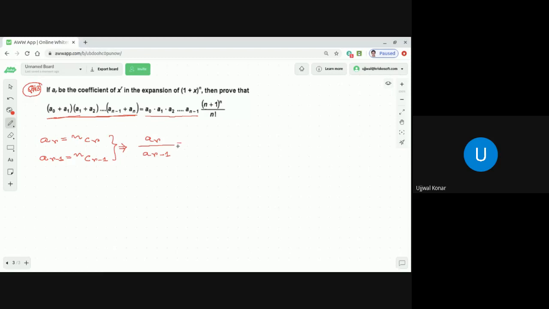What you are going to get is NCR divided by NCR minus 1. I'm not going to explain exactly how; if you simplify, you'll finally get n minus r plus 1 divided by r.